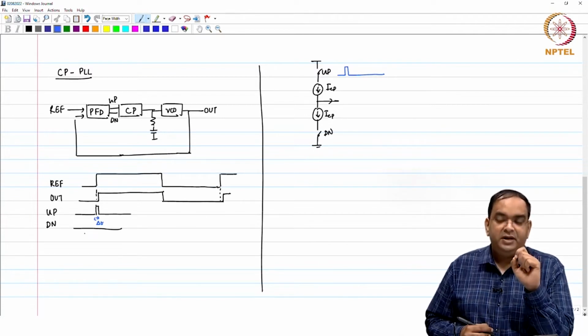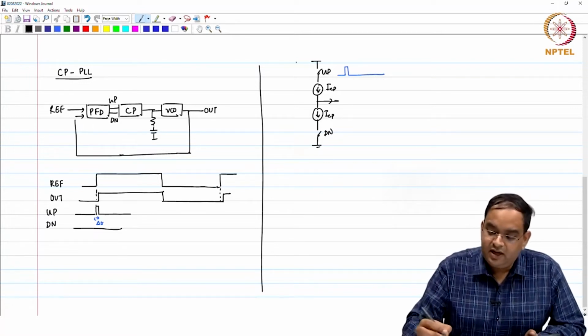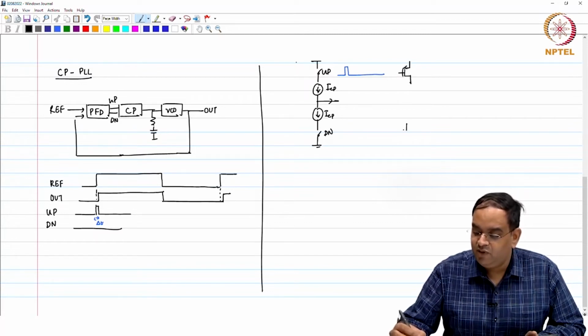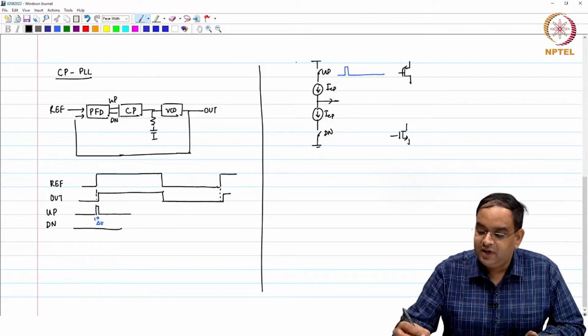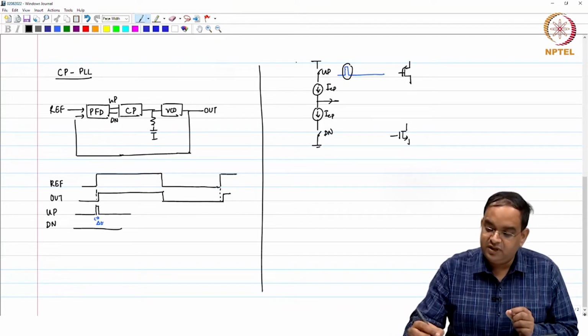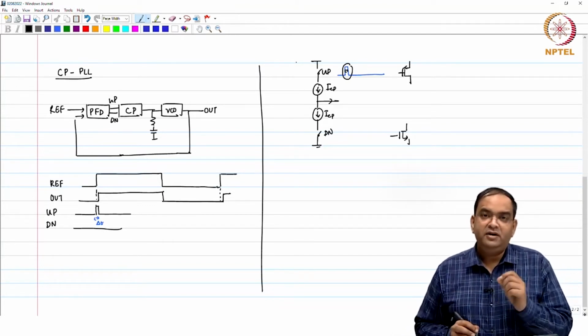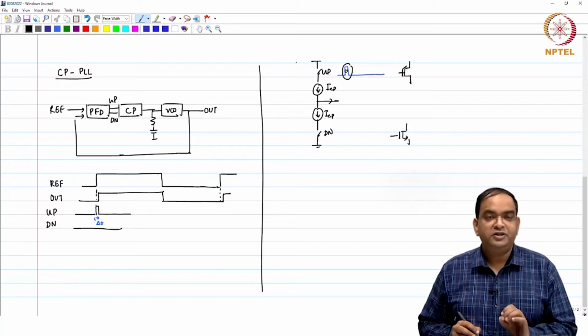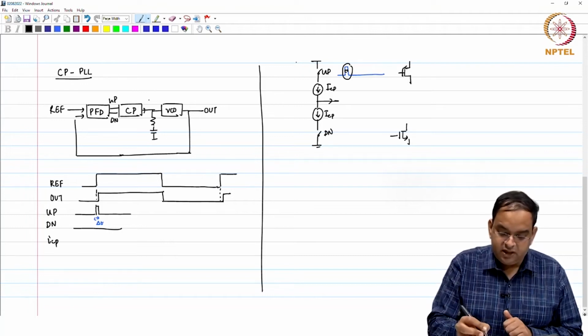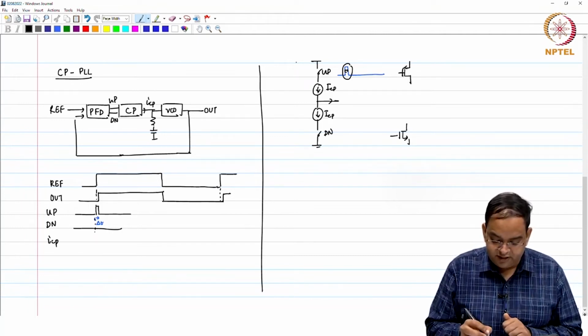So, what will happen is that these up and down signals, at the end, are switches. They may be realized using MOS switches, either PMOS or NMOS. In any given technology, if you give this pulse to the MOS switch, even if the pulse width is very narrow, it will not even turn on. If it does not turn on for small phase errors, then it means that ICP, the current which you are going to get out of the phase error detector, will remain 0, it will not change.